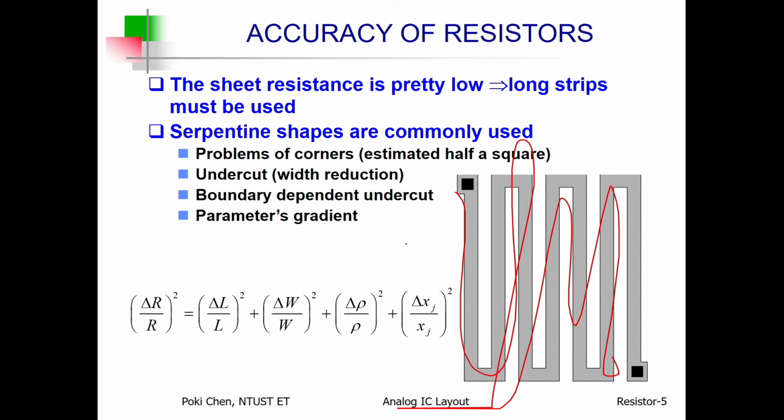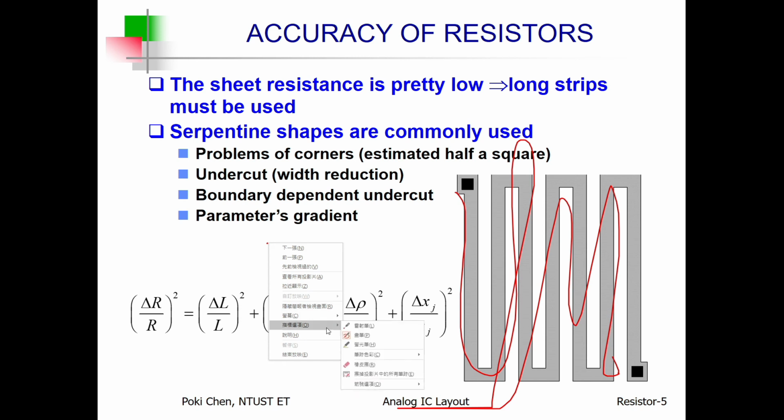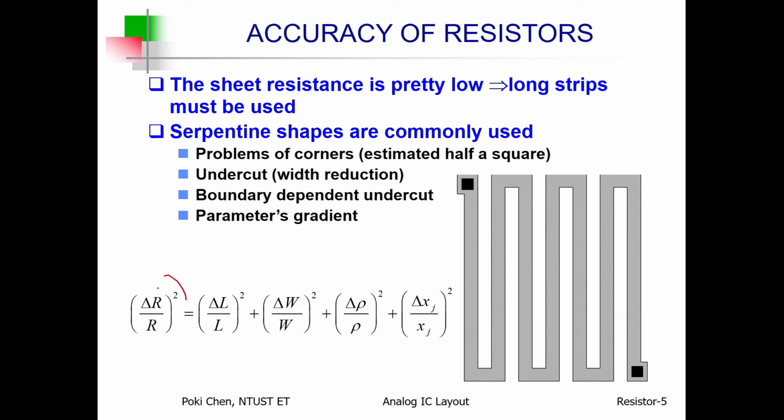Why? Because the variance depends on not only the length variation, width variation, right? Resistivity variation and thickness variation, all of them. You need to take care of all of them.